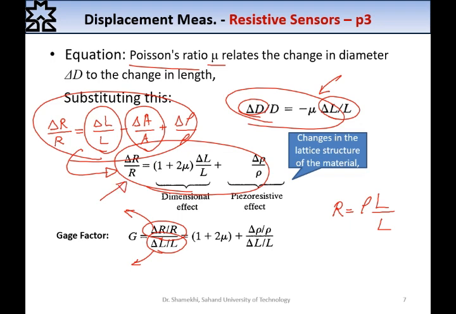After this equation, you can divide delta R divided by R by delta L divided by L to achieve this equation. Okay, this is your first homework.